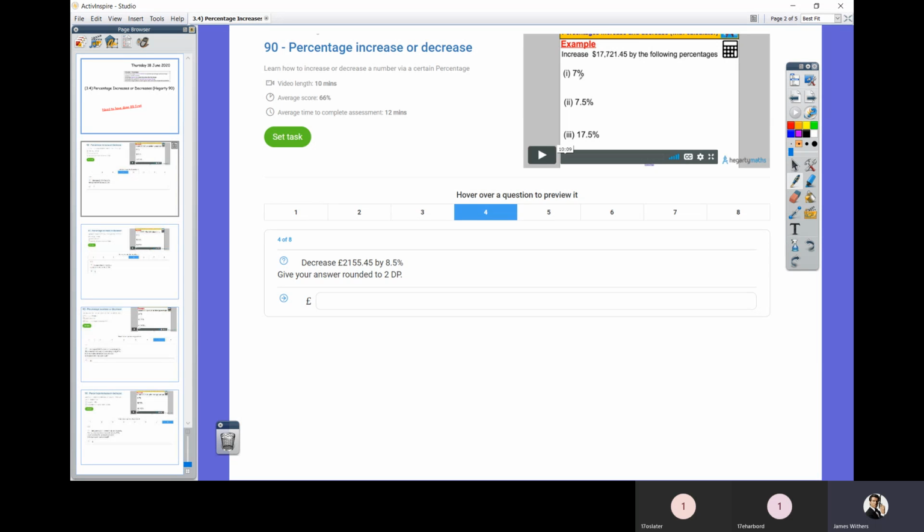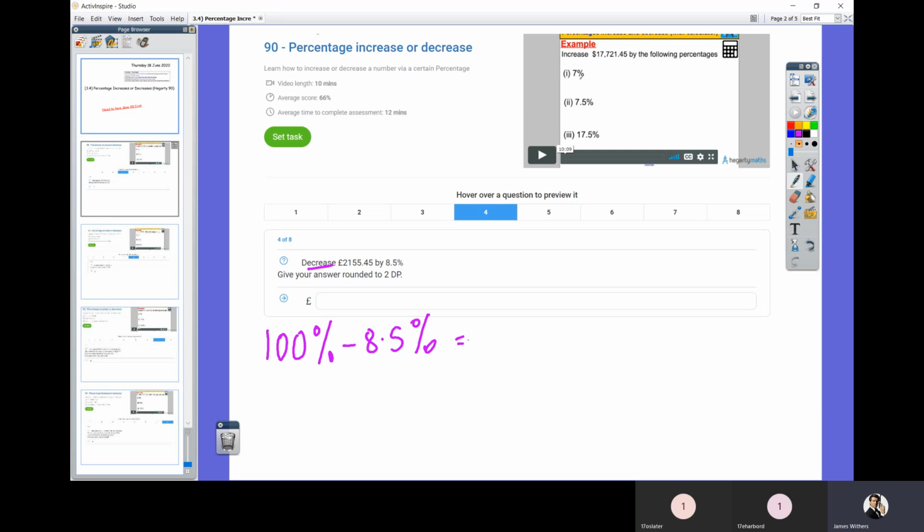So we're being asked to decrease 2155.45 by 8.5%. So our starting thing we have to do is to work out what our multiplier is. This is what we were doing yesterday. You take your 100%, because it's a decrease, we're going to take off 8.5% from that.